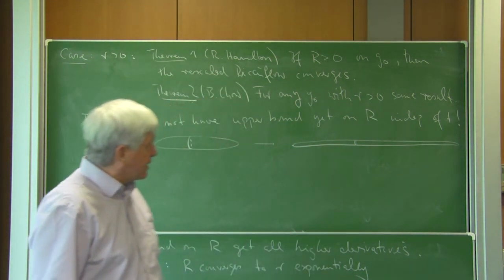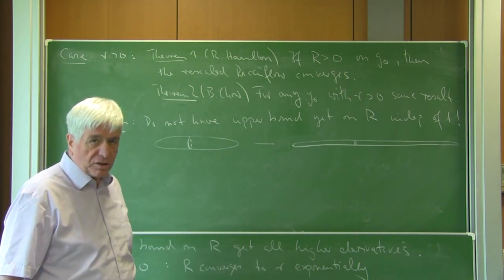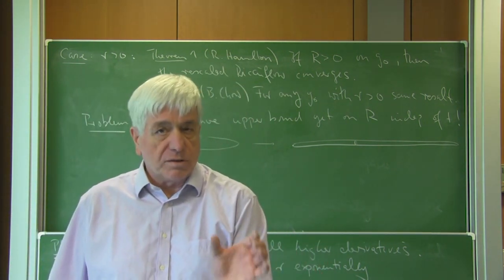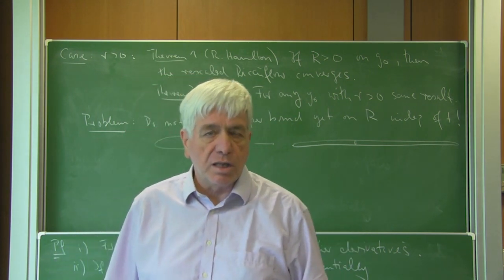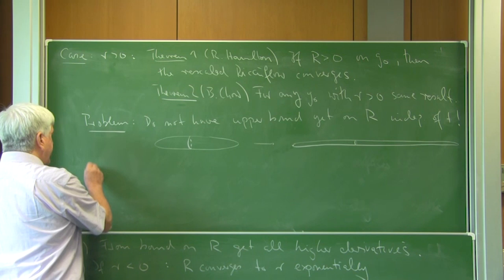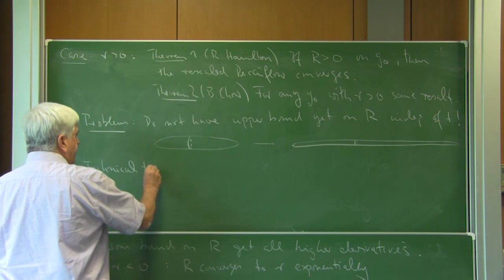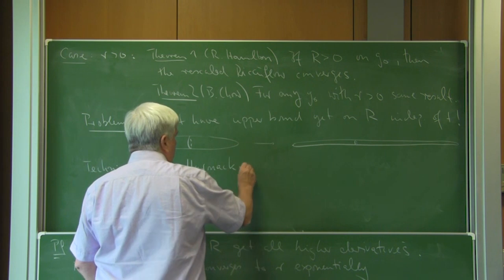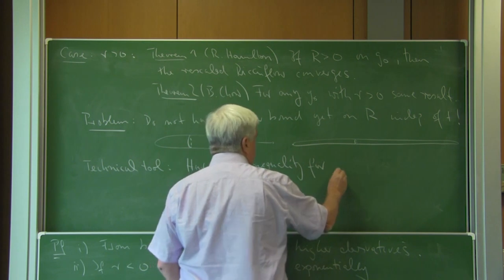Now that didn't work, so he went to the second derivatives of the scalar curvature, and he found a magic cancellation between certain evolution of second derivative of scalar curvature and first derivative of scalar curvature, and that led to the so-called Harnack inequality. So the technical tool that we're going to use is a Harnack inequality for the scalar curvature.